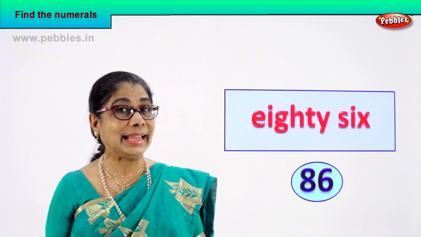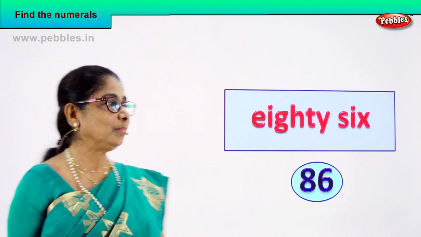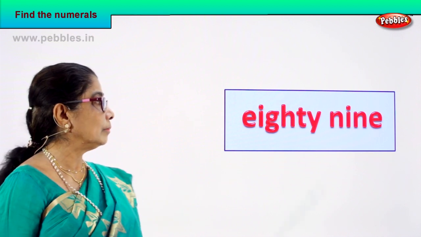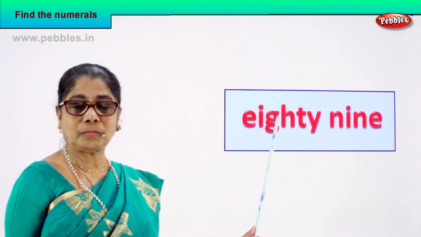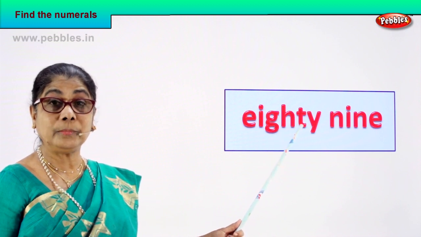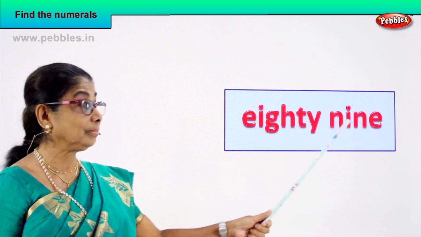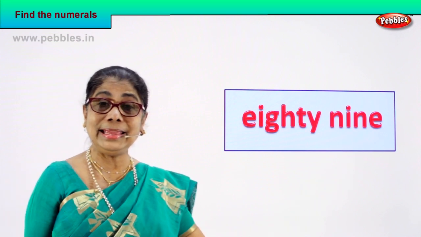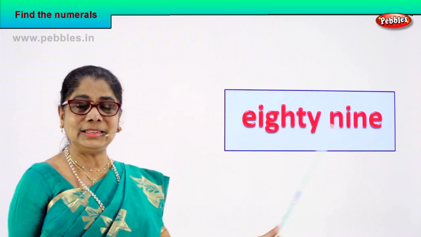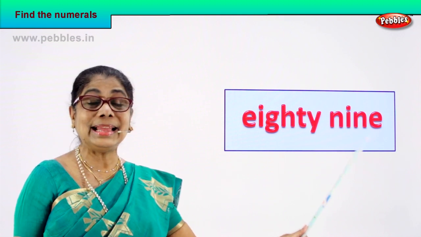Let's take our next number name. Let's read. Eighty 80, nine 9, 89. This word is 80, this is 9.